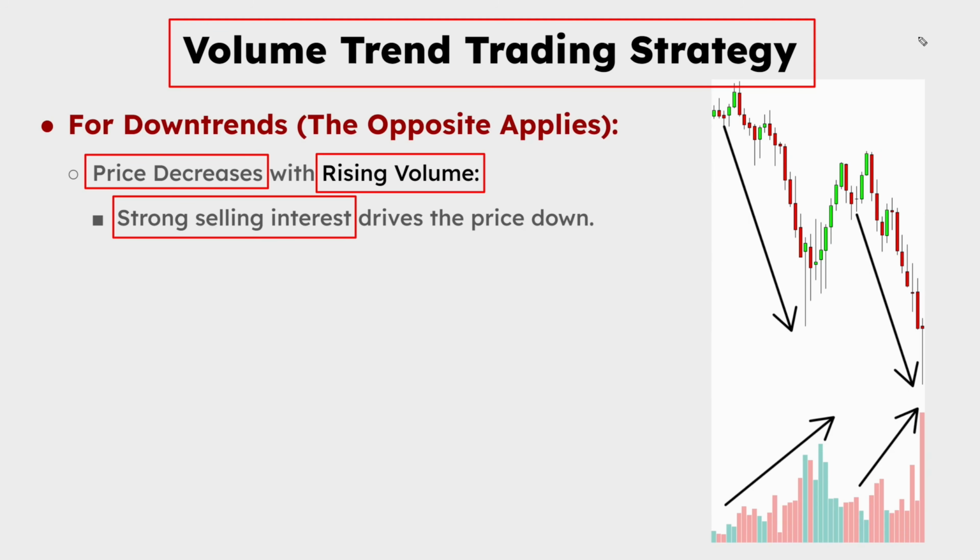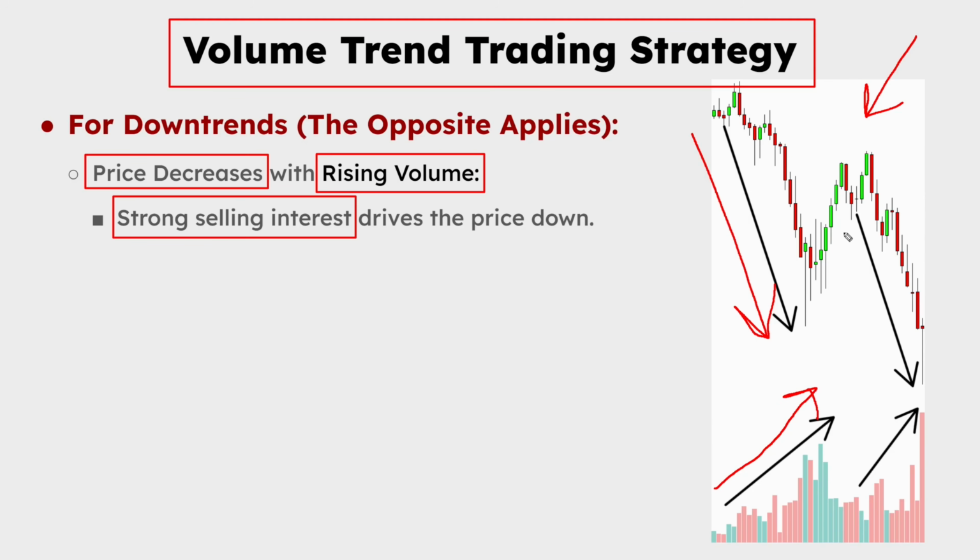For example, if you take a look at this image right here, you can see that we have a very strong move towards the downside. And what makes this move even more bearish is that the volume was increasing during this move. So we have many sellers supporting the move.